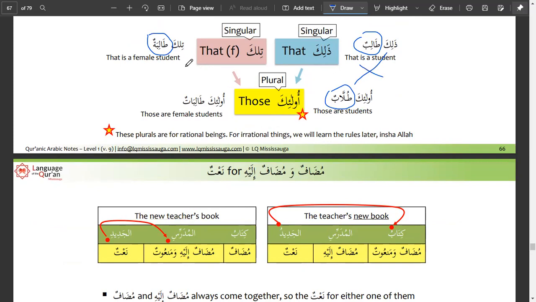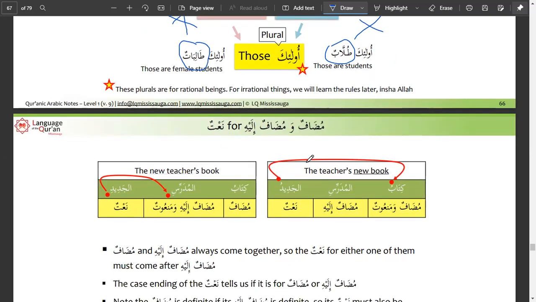And the same here, talibatun in the plural: we cannot use tilka, this is wrong. We must use the plural form of the demonstrative pronoun, ulaika. So, ulaika tulabun, those are students. Ulaika talibatun, those are female students.